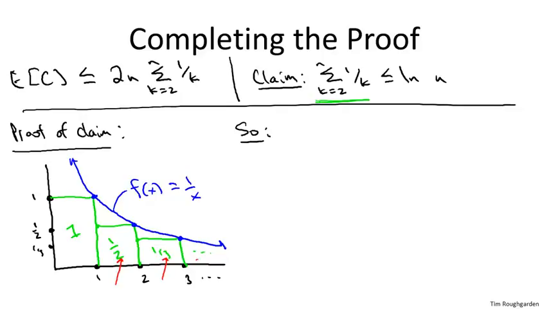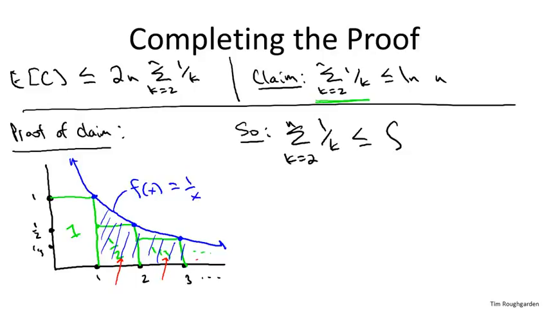So this sum can be thought of as the areas of these rectangles, the 1/2, the 1/3, and so on. And we're going to upper bound it by the area under the blue curve. So you notice the area under the blue curve is at least as big as the areas of the rectangles, because the curve hits each of these rectangles in its northeast corner.